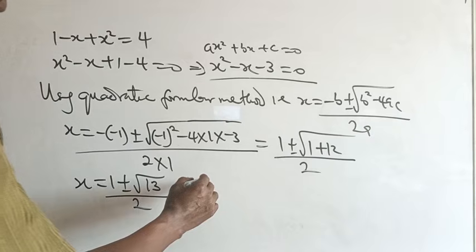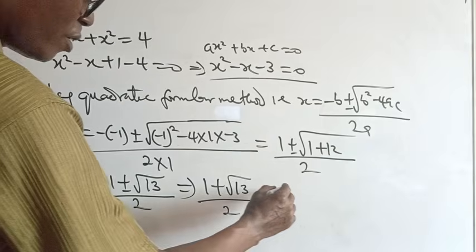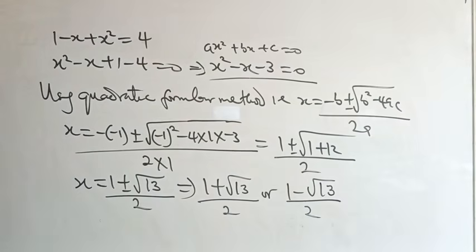We can have 1 plus root 13 all over 2, or 1 minus root 13 all over 2. We obtain two values because we are solving a quadratic equation, so two roots are obtained.